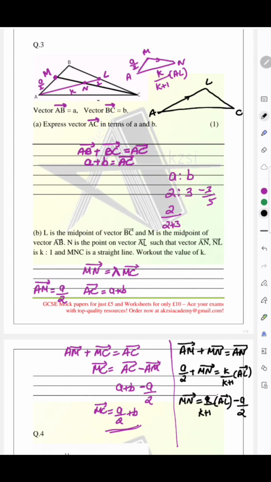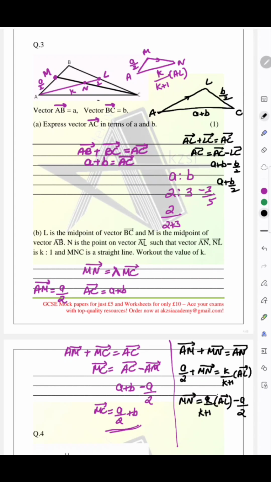L is the midpoint of BC. BC is b, so LC would be b by 2. AC we have already calculated, which is a plus b. So AL plus LC is equal to AC. AL would be AC minus LC, and AC is a plus b minus LC, which is b by 2, so a plus b by 2.